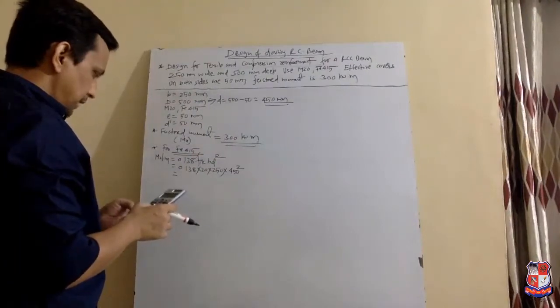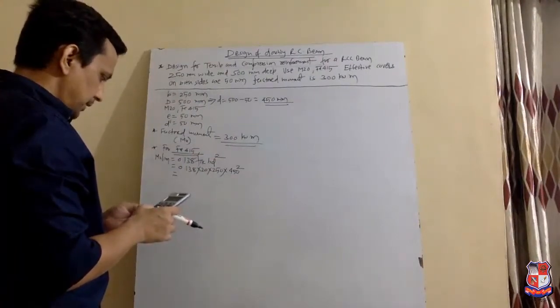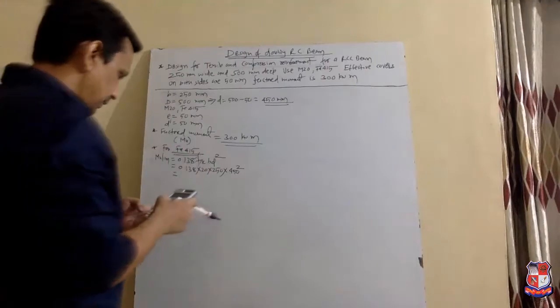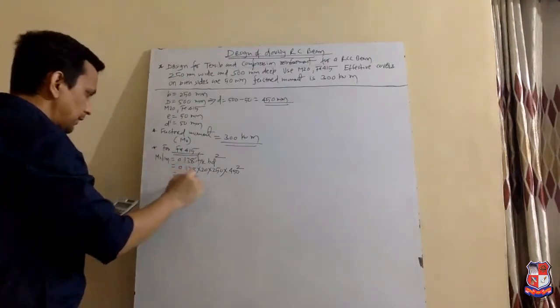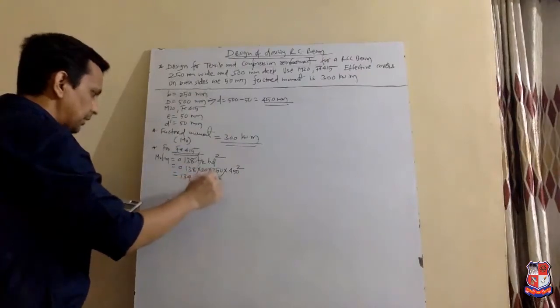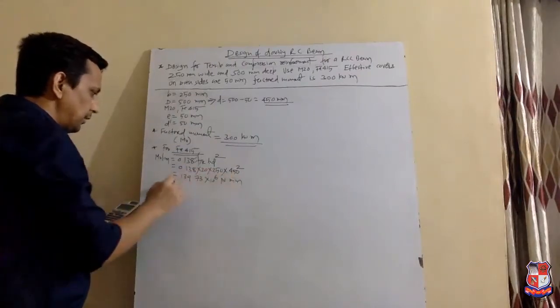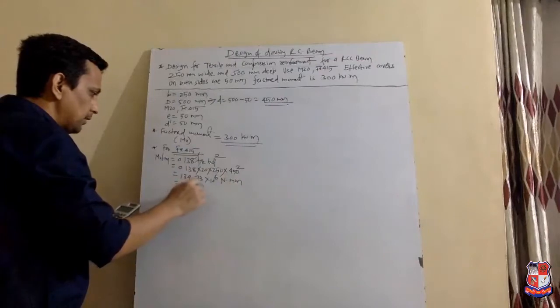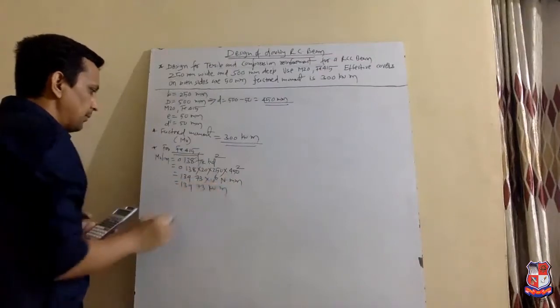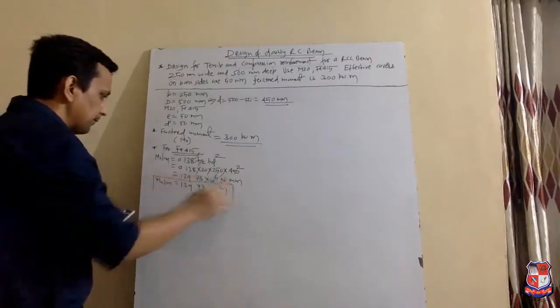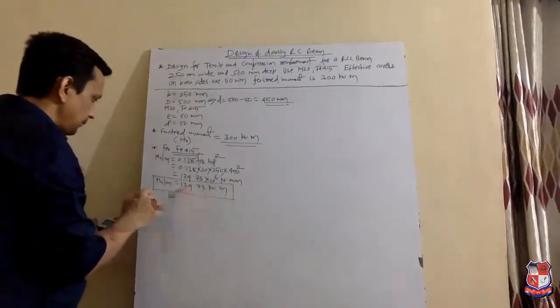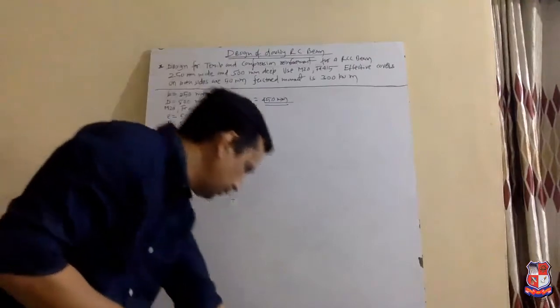0.138 into 20 into 250 into 450 square. So it comes 139.73 into 10 to the power 6 Newton mm, which is equal to 139.73 kilonewton meter.